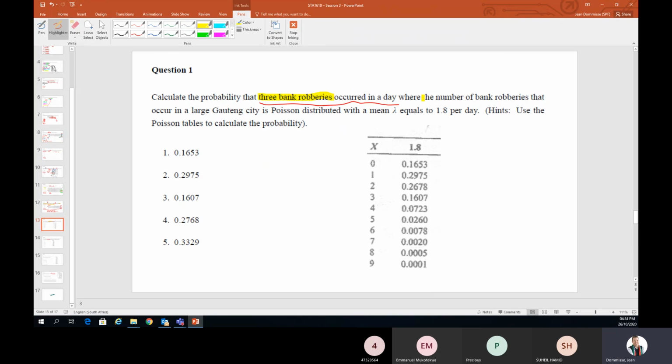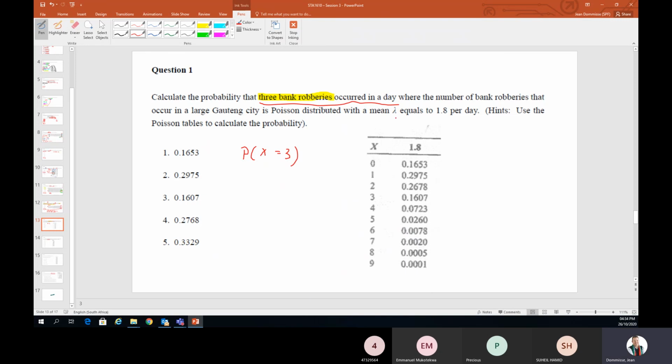Okay, so they only want us to calculate that 3 bank robberies. So not 3 or more, not less than 3, not more than 3, only 3. So in this instance, they want us to calculate the probability that x is equal to 3.